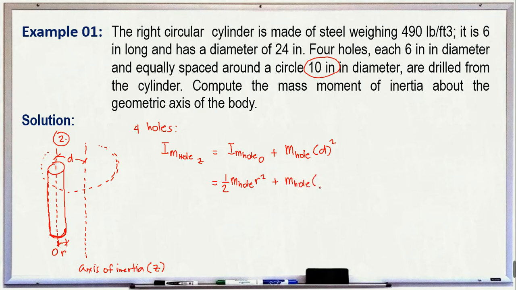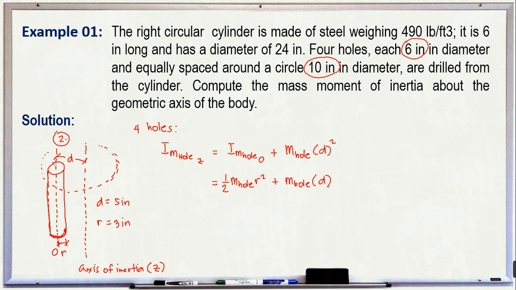How about its d? So its d, again, D is equal to 5 inches. Our R here is the radius of the hole. Given here is its diameter, so automatically this is 3 inches.